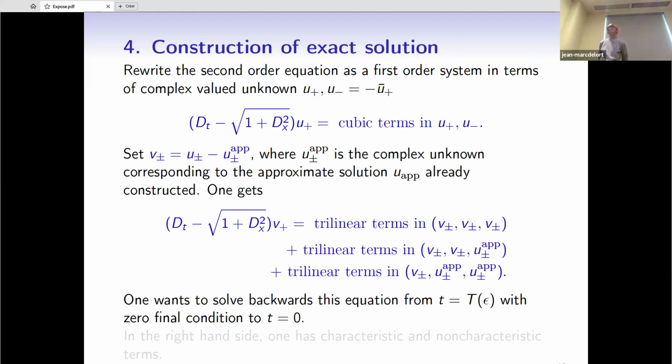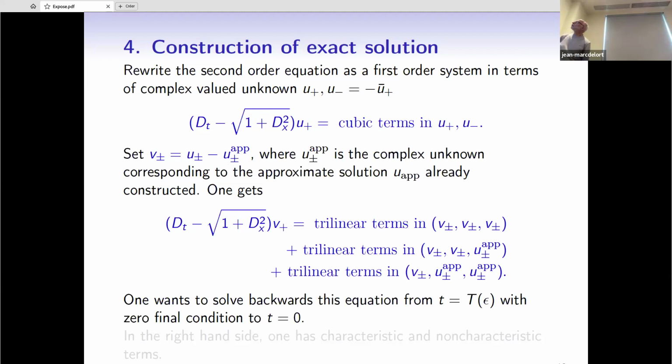So I call v plus the difference, and making the difference between the equation which is here and the equation satisfied by the approximate solution, I get that v plus solves dt minus square root of 1 plus d squared v plus equals, well, three linear terms which are linear in v plus or minus and linear in the approximate solution.